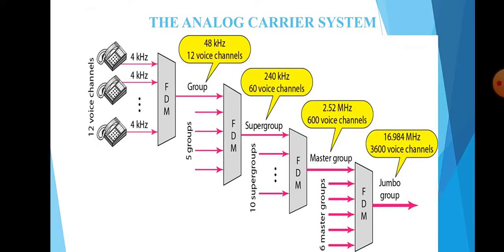The analog carrier system is the system which can be used by the telephone company, consisting of groups, supergroups, master groups and jumbo groups. Initially, in the case of the analog hierarchy, 12 voice channels are combined in order to create a single group. Each voice channel has a frequency of around 4 kilohertz.